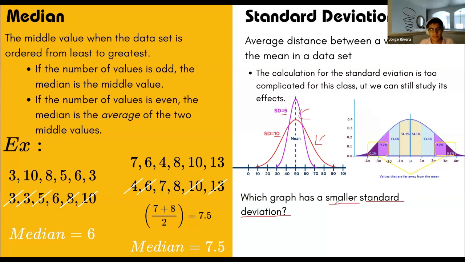So basically, the smaller standard deviation, right? The standard deviation is given right here. It's 5, and we also have 10 right here. A smaller deviation means that the values are closer to the mean, right? So the further away they are, the greater the standard deviation. You can see this graph is a lot fatter, and there are values that are further from the mean than this one.